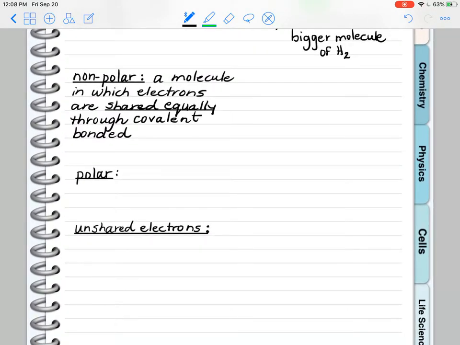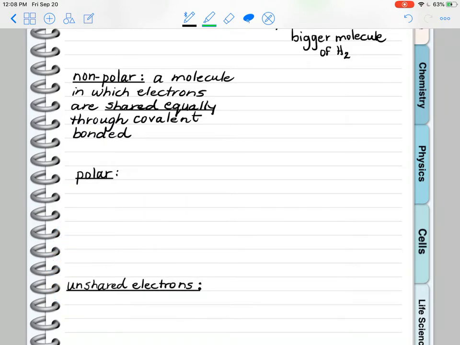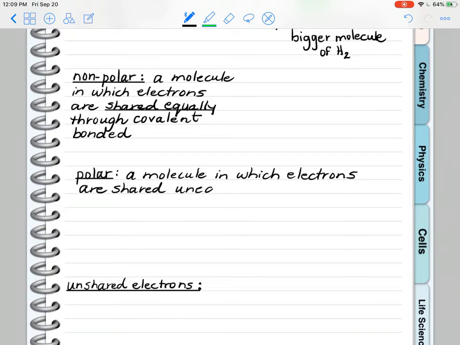So polar, I need a little more space, is a molecule in which electrons are shared, so that's covalent. But they're shared unequally. Through covalent bonds.